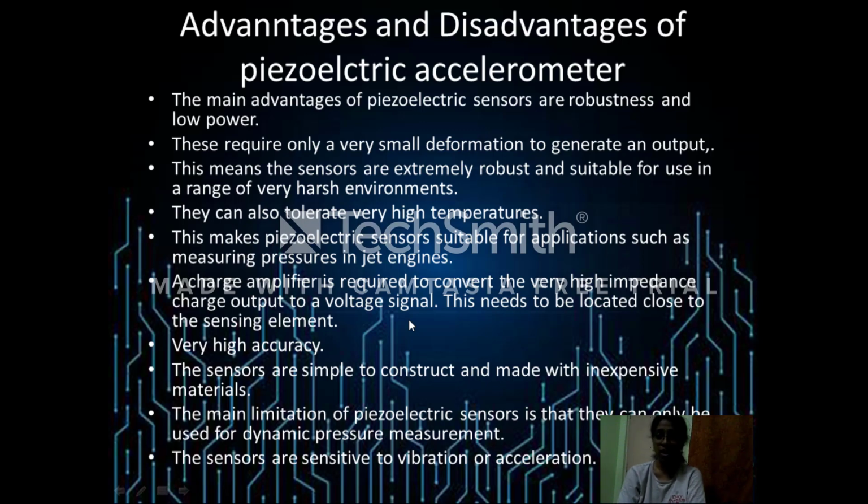They are also very accurate. The main limitation of this piezoelectric sensor is that it can only be used for dynamic pressure measurement. It cannot be used for static applications. The sensor is also too sensitive, which is one of its disadvantages.